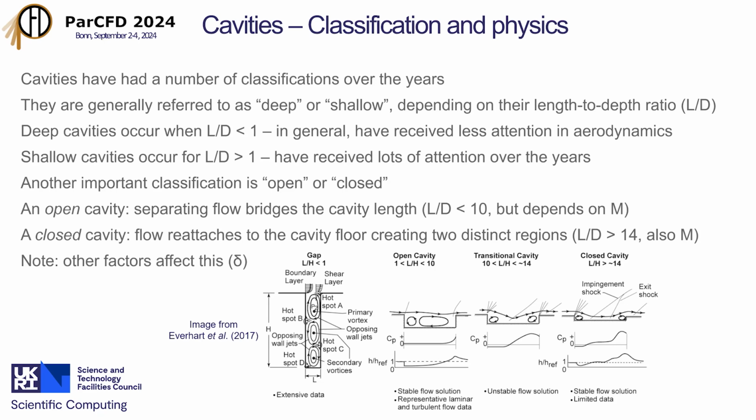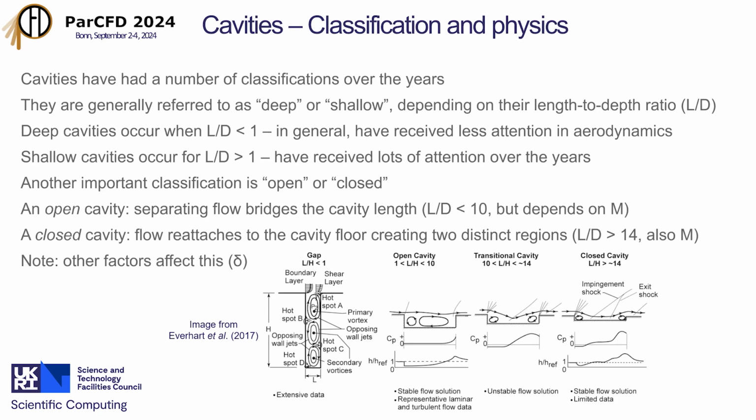So you get lots of noise associated with these types of cavities, and a very unsteady flow environment. The other extreme is the closed cavity, where the boundary layer reattaches to the cavity floor, and you end up essentially with a forward-facing step and a backward-facing step, which have in their own right been extensively studied.